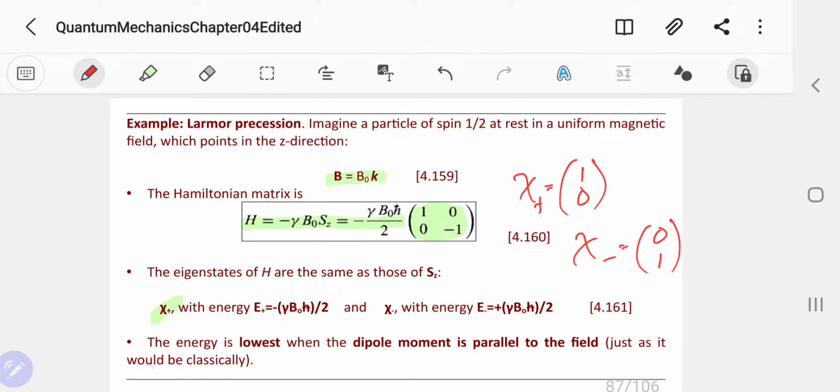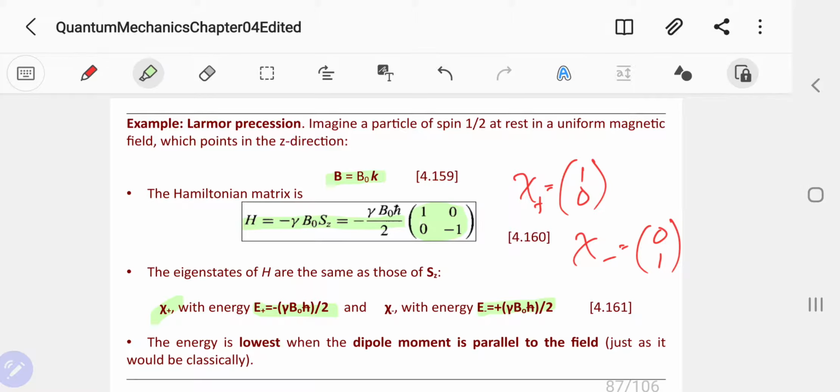So the chi plus has energy E plus equals negative gamma B sub 0 h bar over 2, and the other one has energy equal to positive gamma B sub 0 h bar over 2, the spin down state.